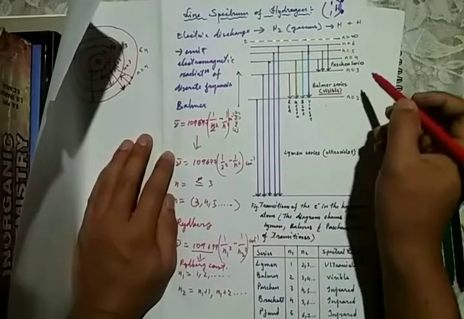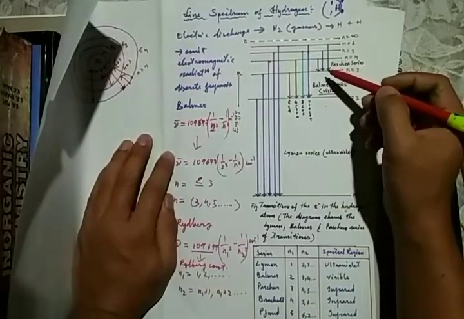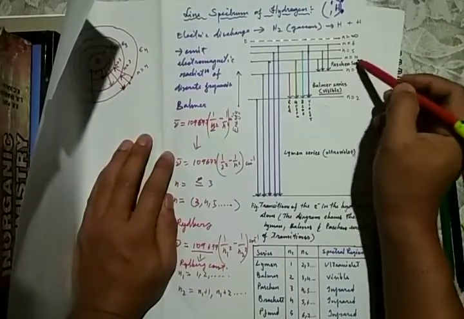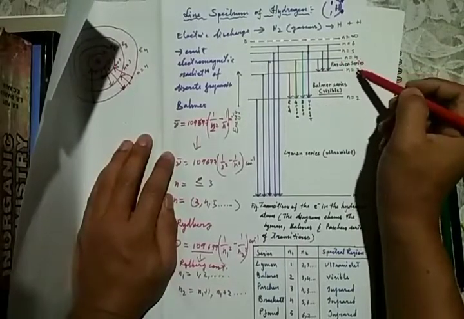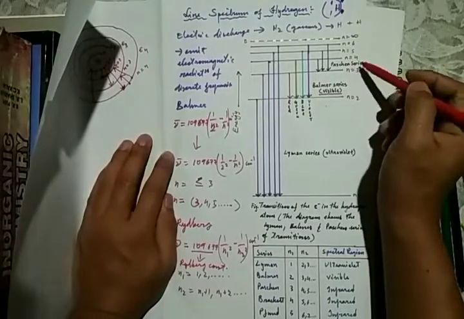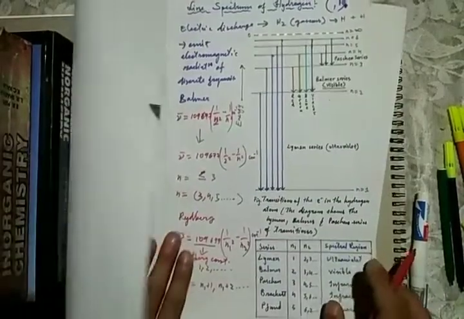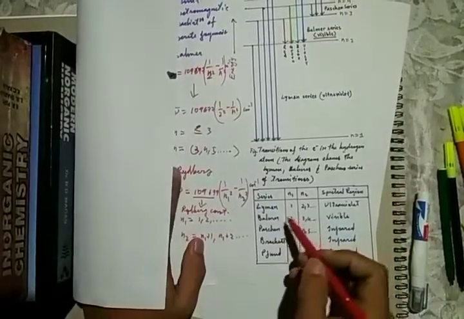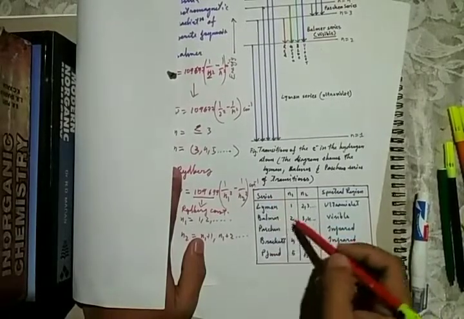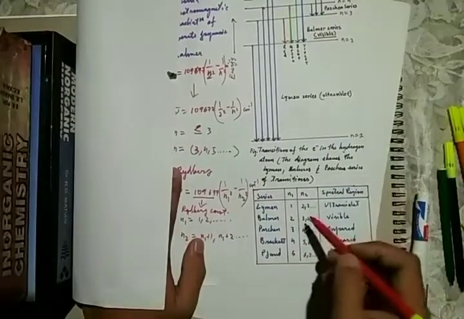Here you can see the Paschen series also, from N4 to N3, N5 to N3, N6 to N3, like that. So these are the series: Lyman series, Balmer series, Paschen, Brackett, and Pfund series.